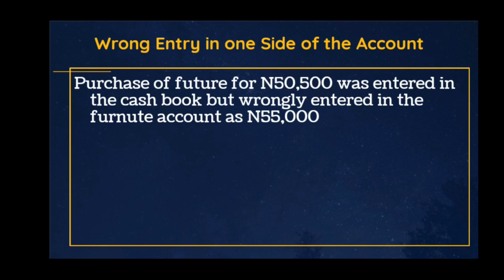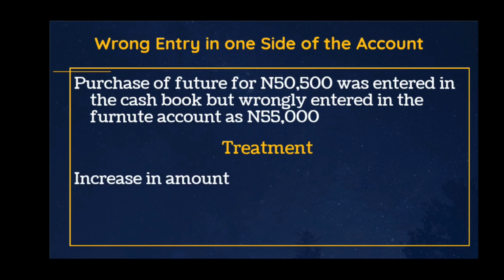To correct this, we find the difference by which the account has been overstated, that is, by subtracting 50,500 from 55,000 naira. So we have 4,500 as the difference, which means the furniture account has been overstated by 4,500.